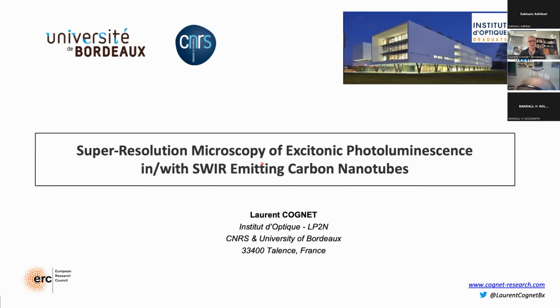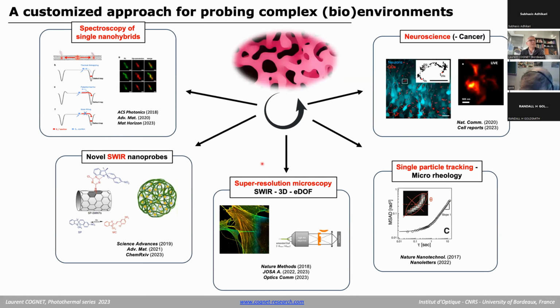To motivate this work a little bit, we have a large goal in this project, which is to try to decipher or understand how molecules diffuse, move, and are sequestered in a complex environment.